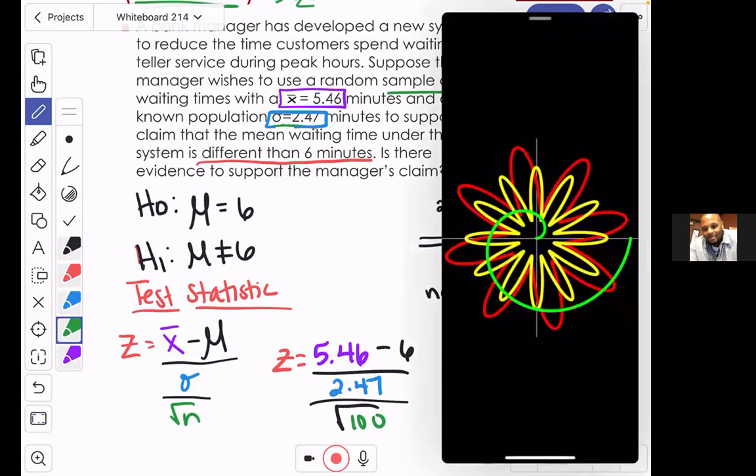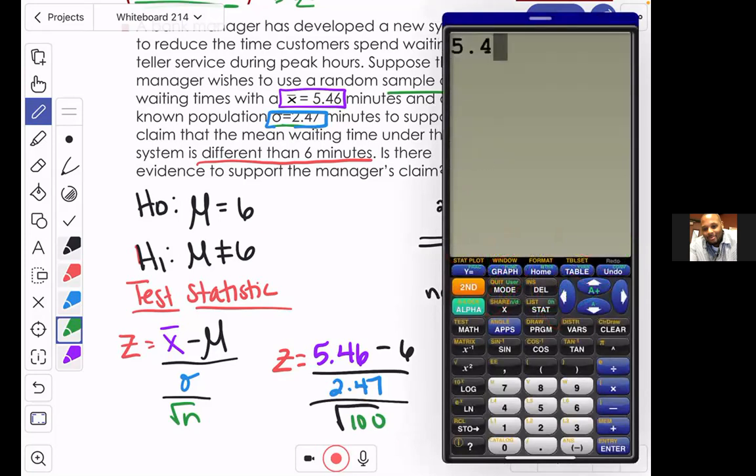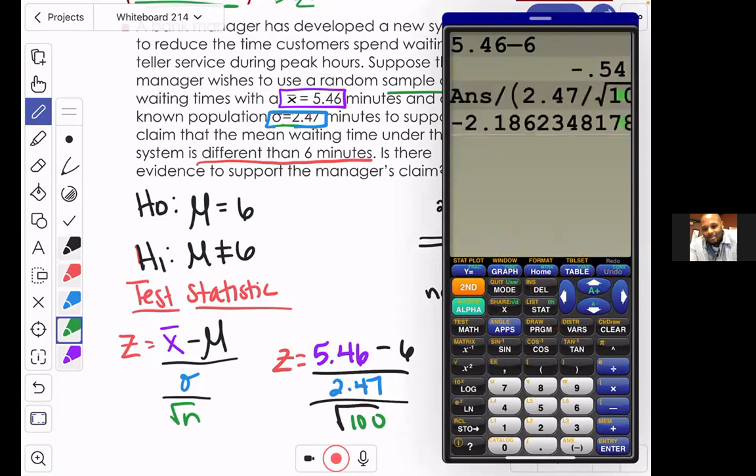So let's calculate this now. I calculate 5.46 minus 6 divided by 2.47 divided by the square root of 100. Here's my test statistic: negative 2.19, or negative 2.186.